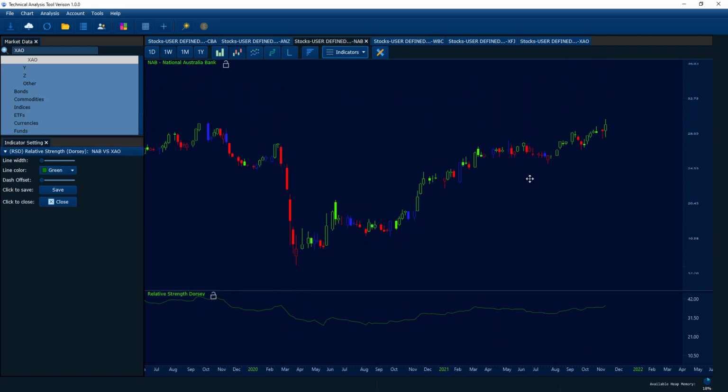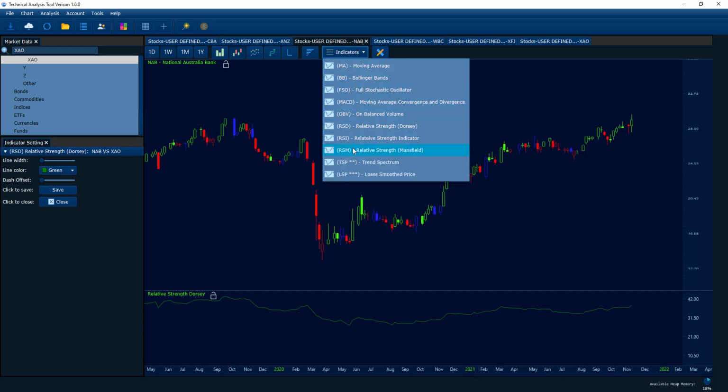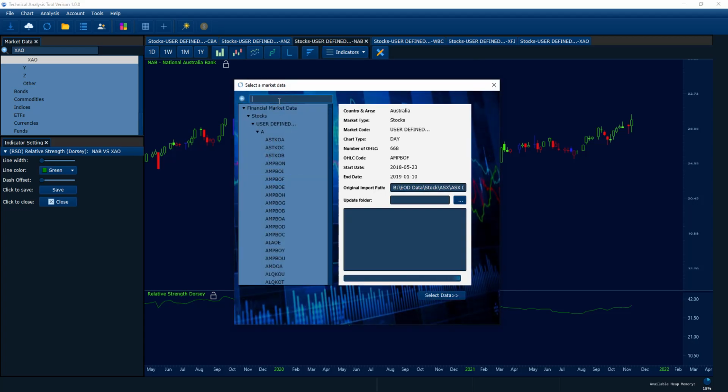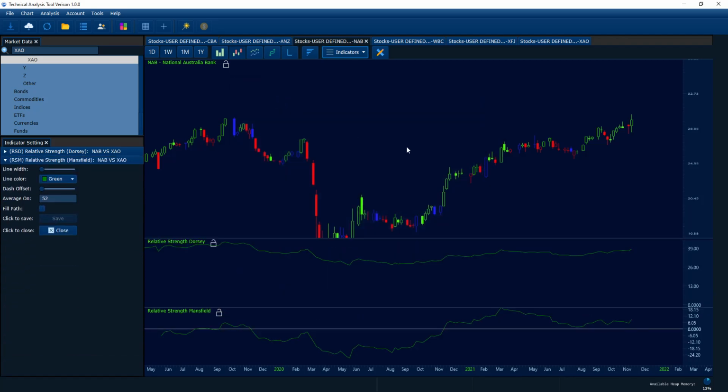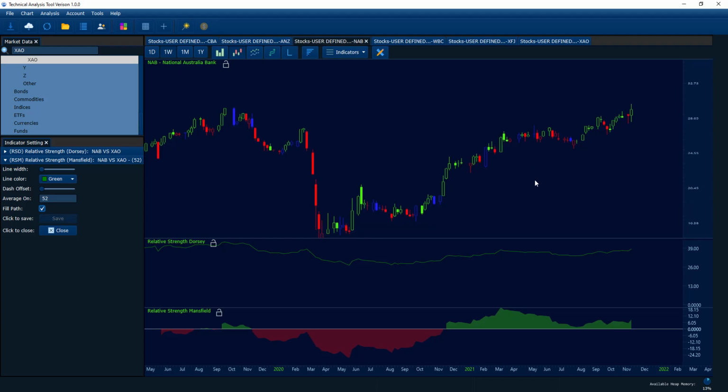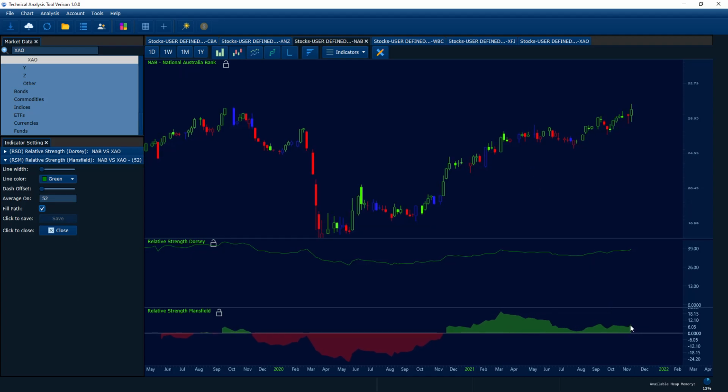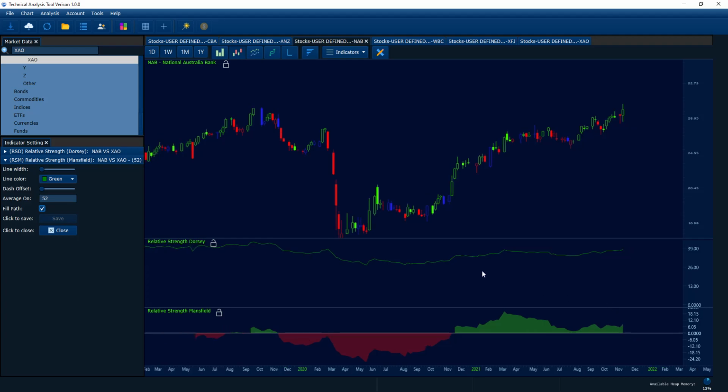Okay, so you have to compare with this. Let's take out the RSM as well. So you can see the RSM. The NAB, another bank, National Australia Bank, because it's green and has some distance from zero, means right now NAB is outperforming the market.